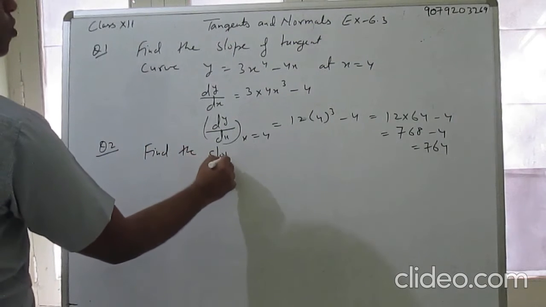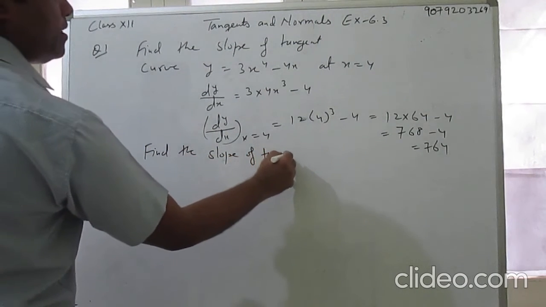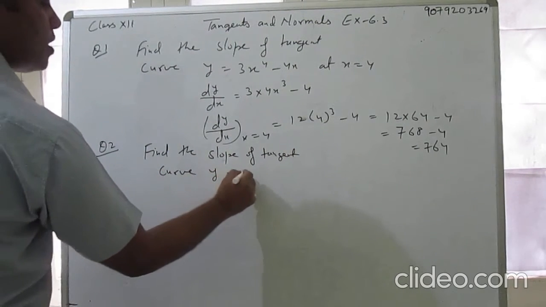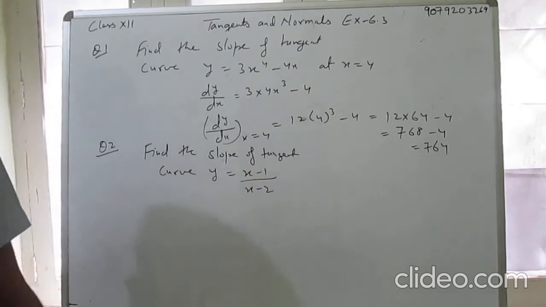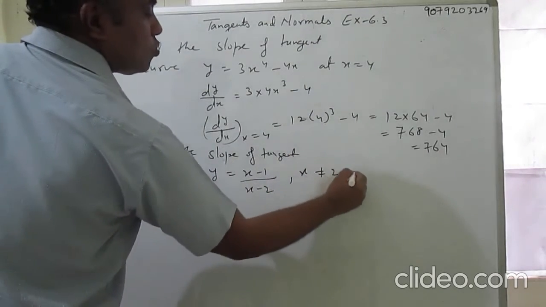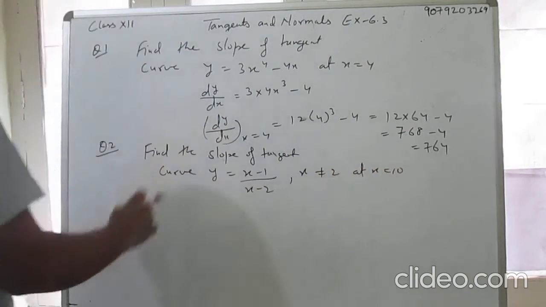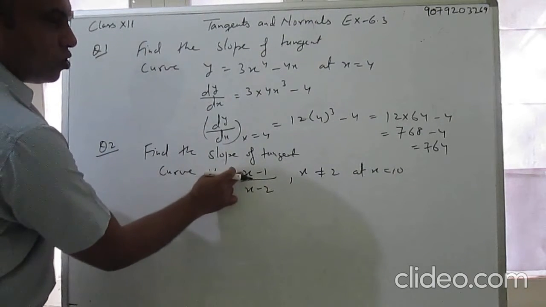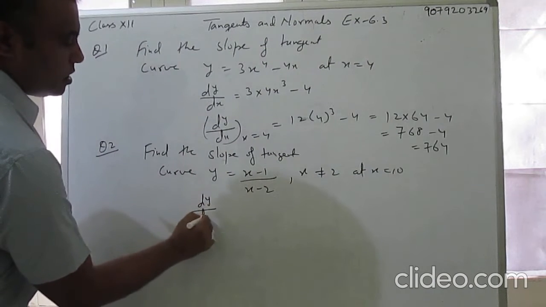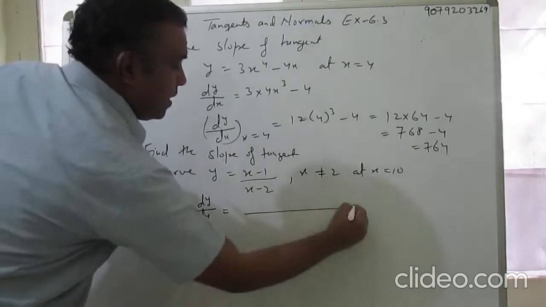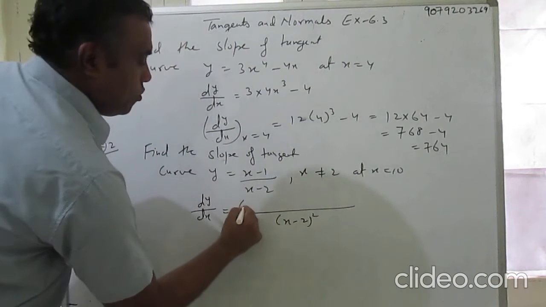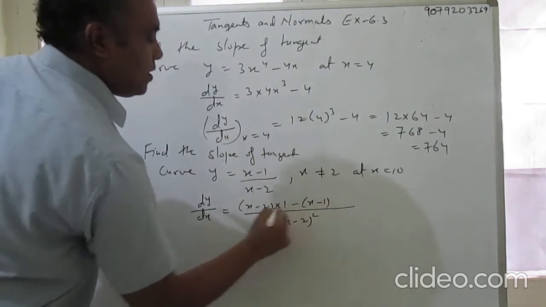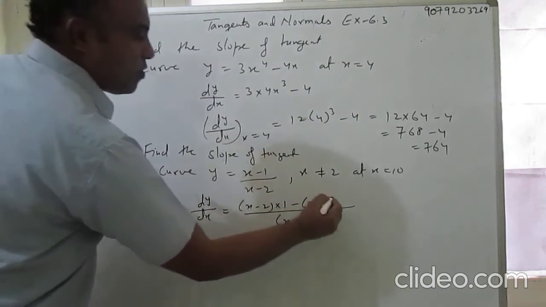This time the curve is given: y is equal to x minus 1 upon x minus 2, x not equal to 2, at x is equal to 10 you have to find the slope. If we take 2, it will be not defined. So apply quotient rule. dy by dx is equal to denominator square, denominator into differentiation of numerator, 1, into x minus 1, minus numerator differentiation of denominator, x minus 2 derivative is 1.